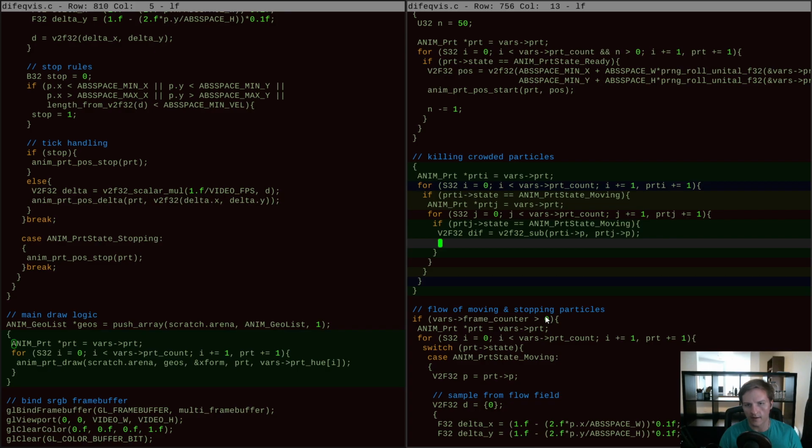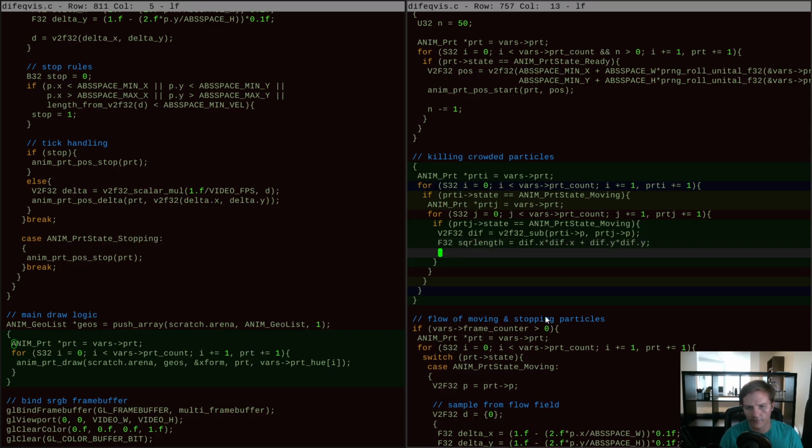We're going to look at the squared length, which is this. Don't have a dot, do I? Diff.x times diff.x plus diff.y times diff.y.